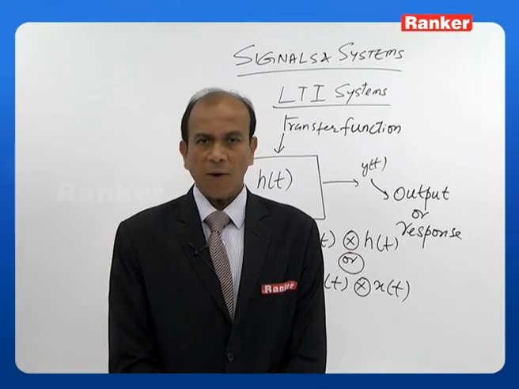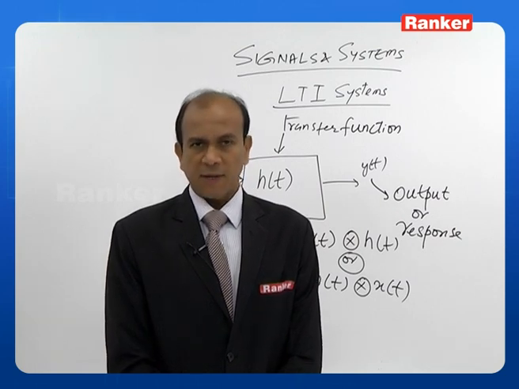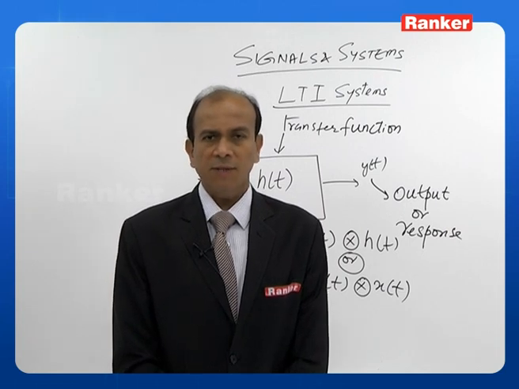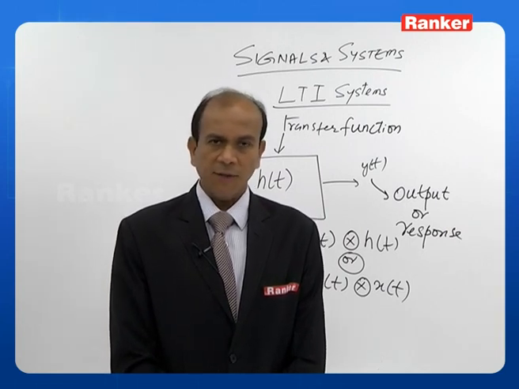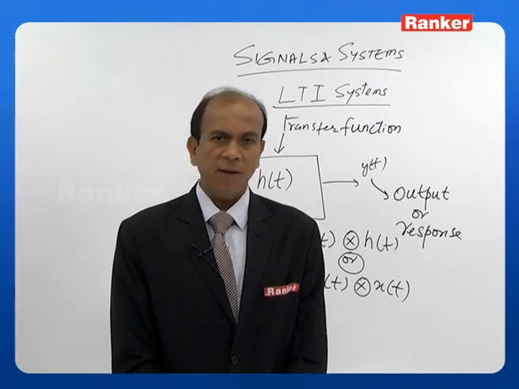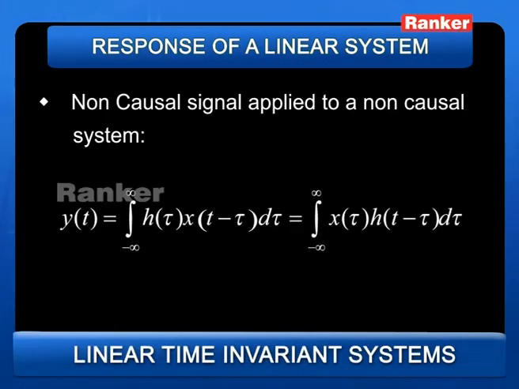Here we have to look carefully at the integral limits, that is, from the lower limit to the upper limit, which decides the system behavior for a non-causal signal applied to a non-causal system, and similarly we have to look at other similar functions. Okay. Now, let us see what y of t is here. y of t is the integral from minus infinity to plus infinity of h of tau x of t minus tau d tau, which is also equal to the integral from minus infinity to plus infinity of x of tau h of t minus tau d tau.